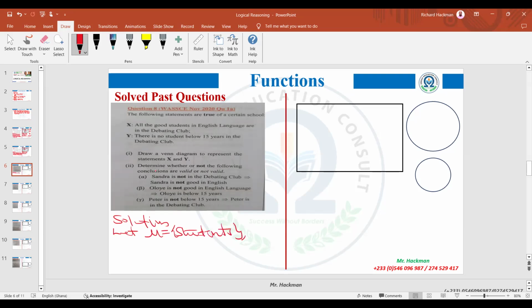Let's go for the first statement. As we read, we underline the salient parts, the key words. All good students in English language are in the debating club. Which sets can we talk about in that statement?